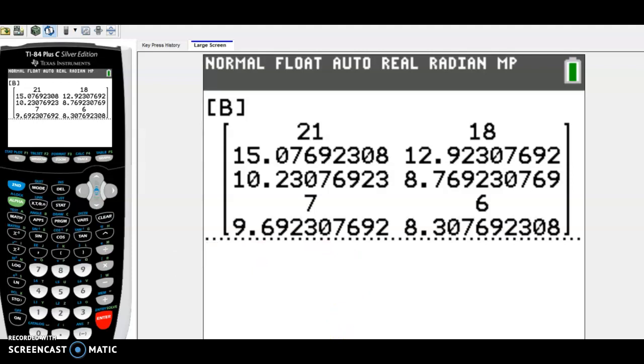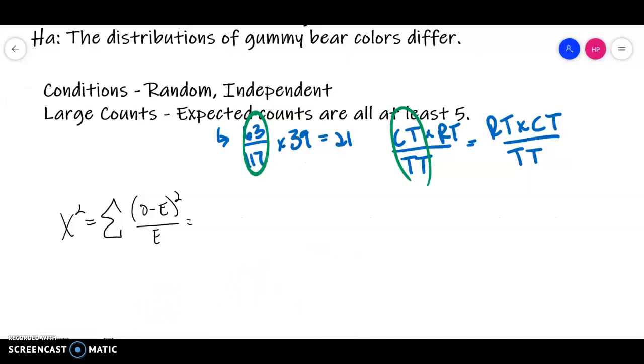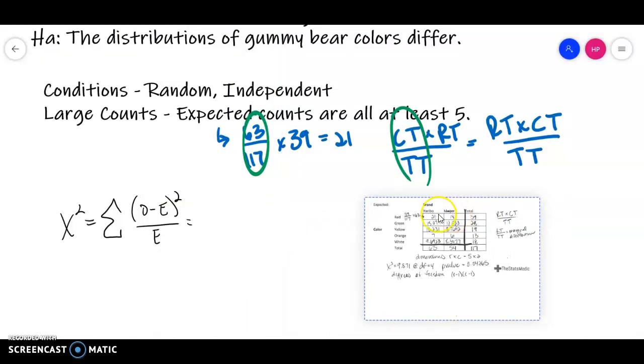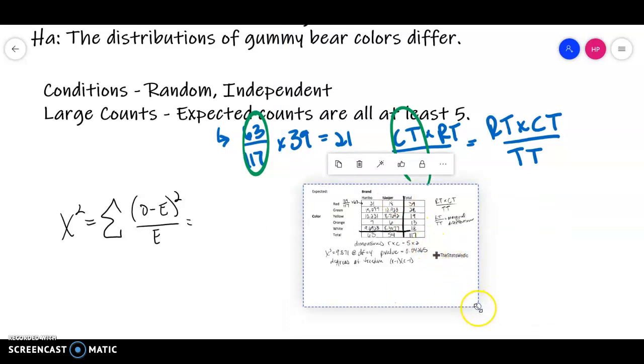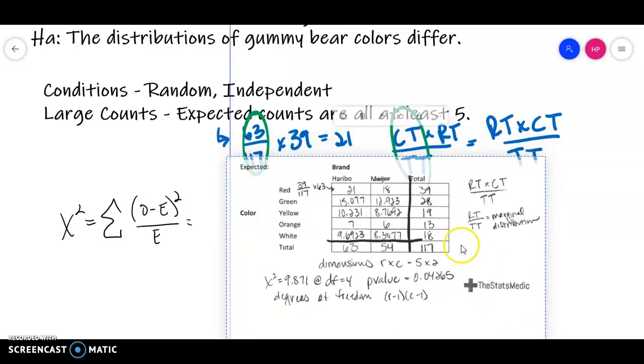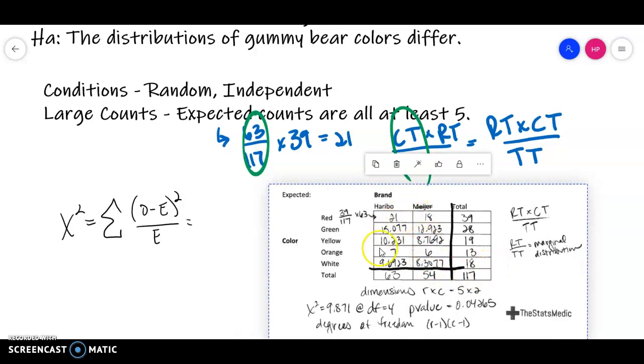And so we do typically have to go through the process of jotting them down. I took a screen capture of all of this from the old one, so I didn't have to toggle back and forth. So all of these expected counts here that are listed are in fact greater than 5. And so this condition is met just by showing that work.